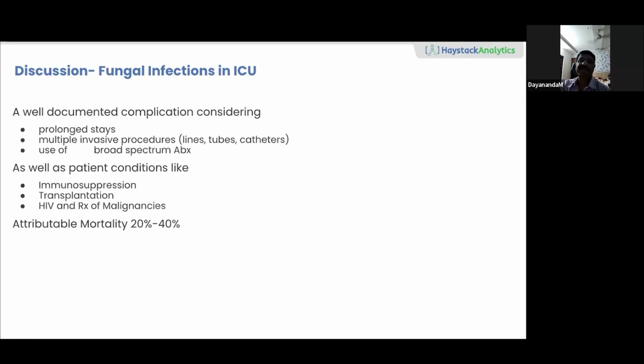As well, patients will be immunosuppressed, post-transplantation, or seropositive, or already diagnosed with malignancies and on chemotherapy. So these all lead to increased risk of fungal infections. Fungal infections are attributed to around 20 to 40% of mortality in ICU patients.